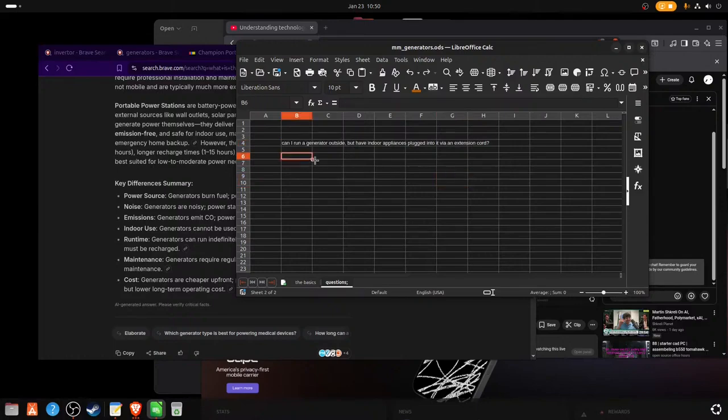And this question is basically for renters in rural or non-urban areas: what is a good way to have power security, energy security?